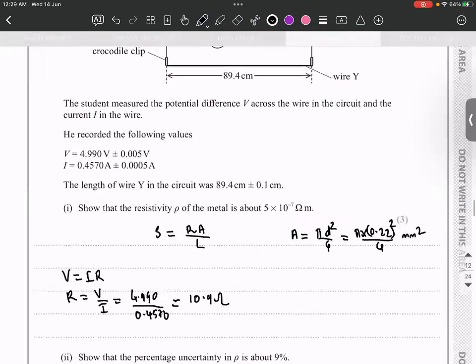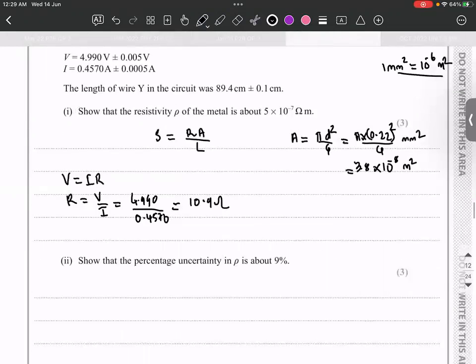And if you substitute the right values and convert this into meter square, because the SI unit is meter square, we will get 3.8 multiplied by 10 to the power of minus 8 meter square, because 1 millimeter square is 10 to the power of minus 6 meter square. So you can use that, and you can find its area as 3.8 into 10 to the power of minus 8 meter square. Now you can plug all the values to find its resistivity.